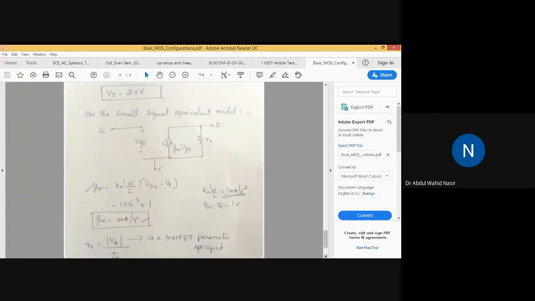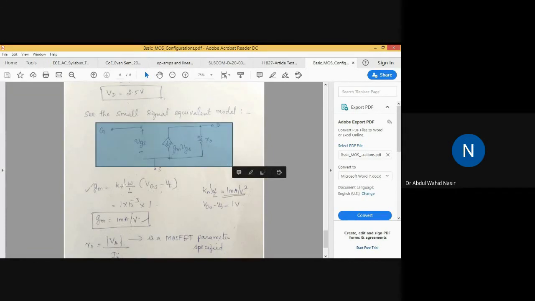Now the other thing they have asked is to find the value of gm. What is gm? gm is the transconductance. For that, recall the small signal model for the MOSFET. This is your model.